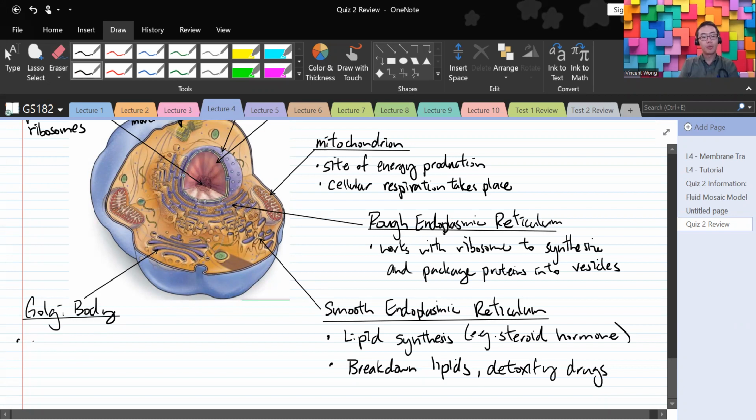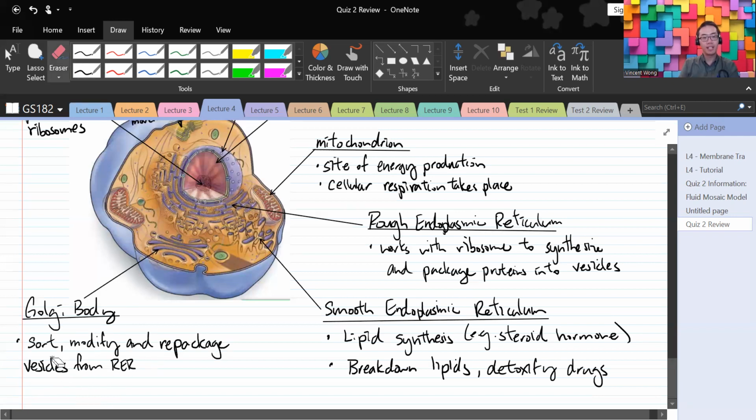And then what it will do is sort, modify, and repackage vesicles from rough ER. Okay.